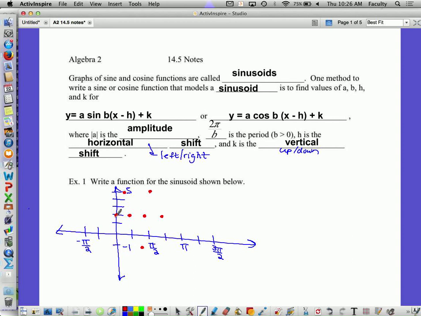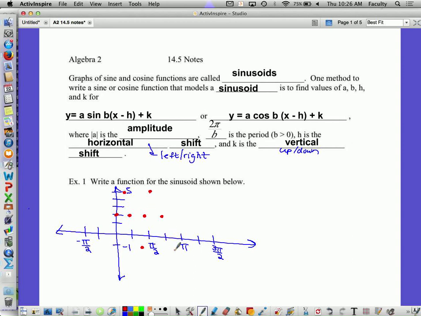So I'm at 0, 2, then halfway I go up to 5. To the next tick mark, so it's a half a distance, I'm back at the 2. Half a distance, I'm down at negative 1. Half to the pi over 2 is here.